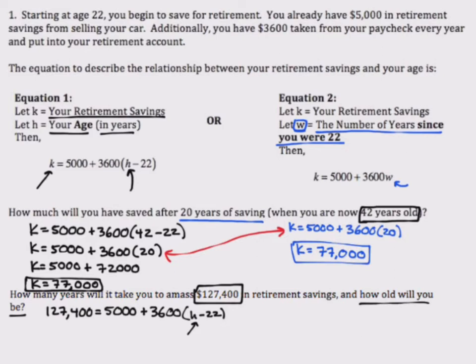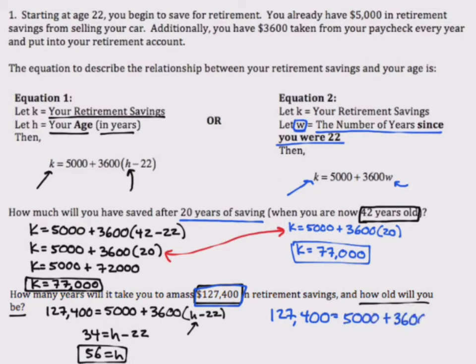And after doing some steps with this equation, we end up with 34 equals h minus 22, and we find that we will be 56 years old when we reach that mark in savings. So, if we look at our second equation and we substitute that same number in for our savings right here, we end up with 127,400 equals 5,000 plus 3,600 times W. And this W represents how many years you've been saving, or how long it's been since you were 22 years old.